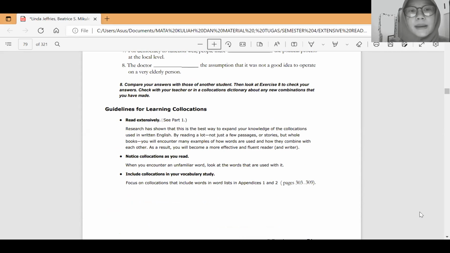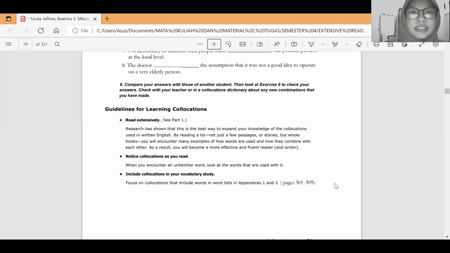But before we end, I want to explain the guidelines for learning collocations. First, you need to read extensively. Research has shown that this is the best way to expand your knowledge of the collocations used in written English. By reading a lot, not just a few passages or stories, but whole books, you will encounter many examples of how words are used and how they combine with each other.